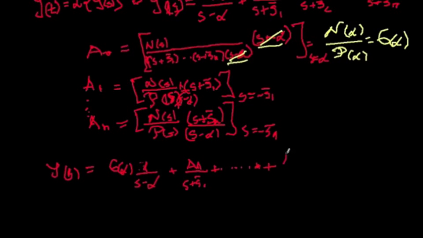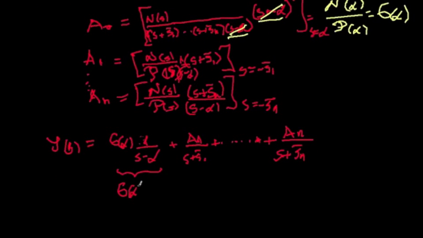We recognize that this is just G at alpha multiplied by e to the alpha t plus a1 e to the minus s1 t plus an e to the minus sn t.